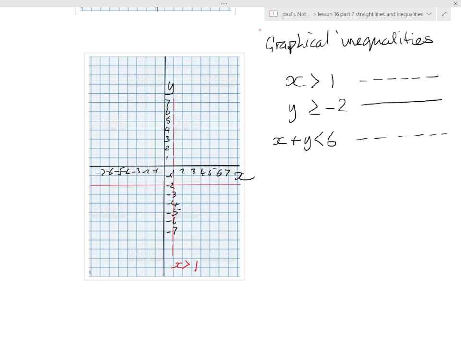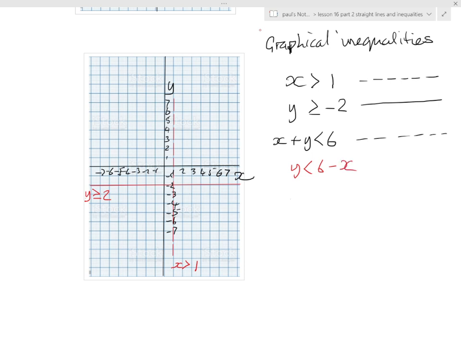So this line is y is greater than -2, a solid line. Now the third one is the one we've got to mess around with, because I want it to look like y equals something, like the ones above. So we need to move the x over the other side by subtracting. So we've got y equals 6 minus x.